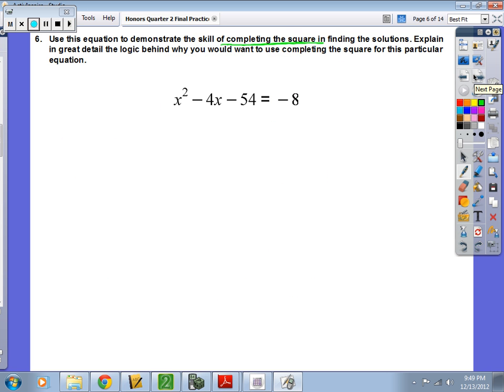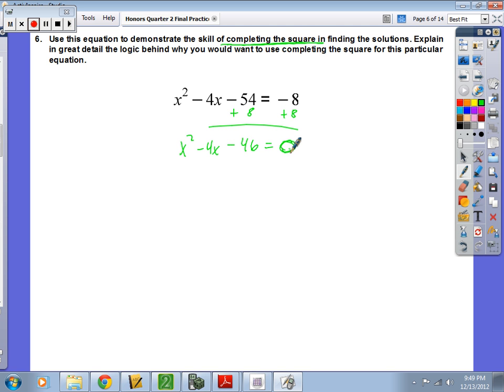Okay, now this one, completing the square. So if you come across this trinomial, and we try the same thing, let's get everything on the same side. If I add 8 and add 8, I've got x squared minus 4x minus 46 equals 0.